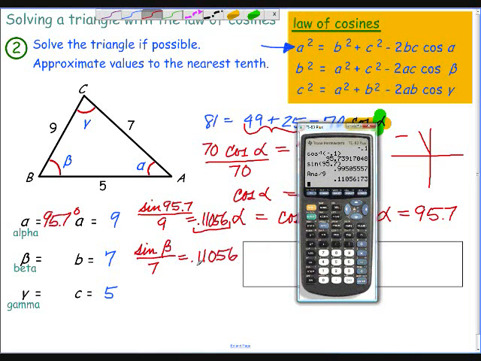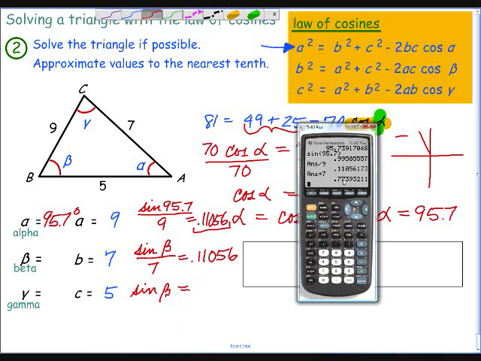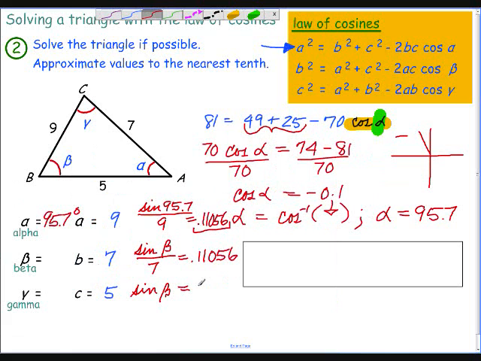All we have to do is multiply our law of sines ratio times 7. So the sine of beta is equal to 0.7739. See how nicely I paused there?